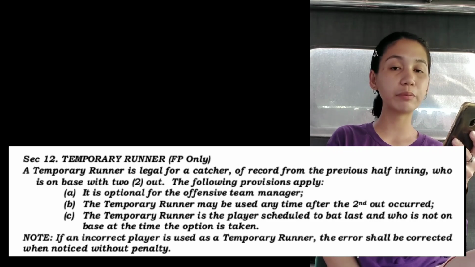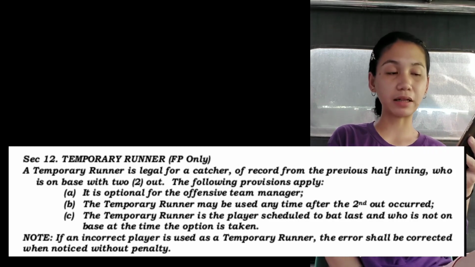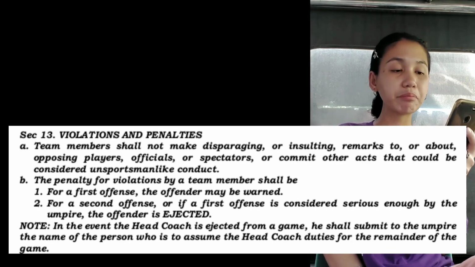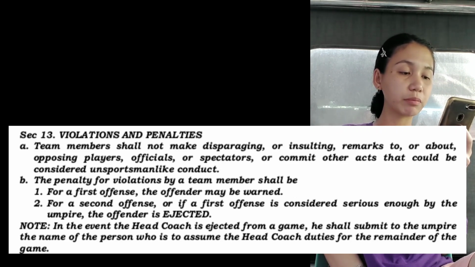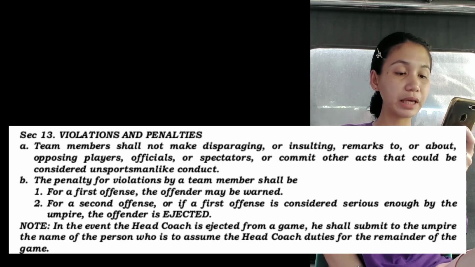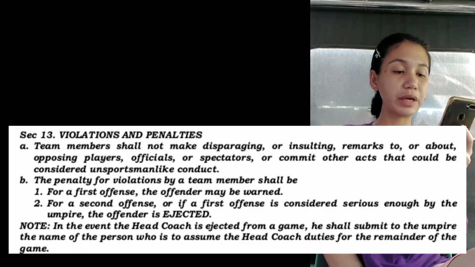Let's move on to rule number 4, section 13. Violations and penalties. A. Team members shall not make disparaging or insulting remarks to or about opposing players, officials, or spectators, or commit other acts that could be considered unsportsmanlike conduct. B. The penalty for violations by a team member shall be: first, for a first offense, the offender may be warned.